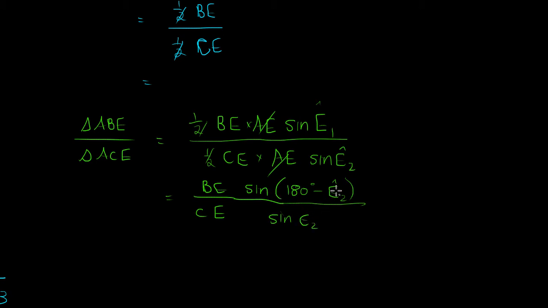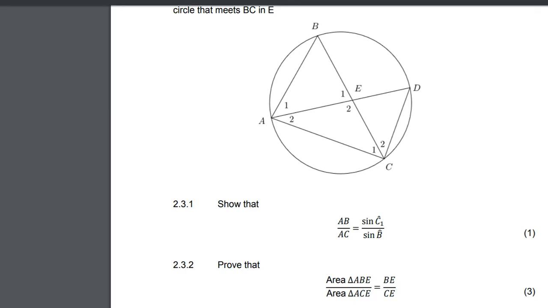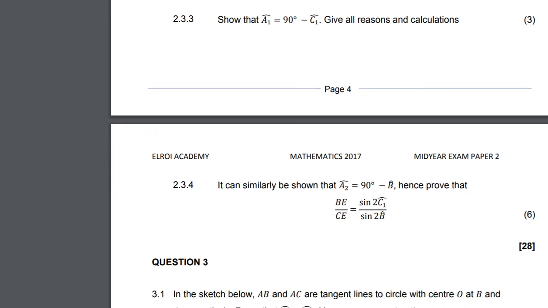And sine of 180 degrees minus an angle is positive in the second quadrant, so this can change to sine of E2 over sine of E2, and that cancels and obviously leaves us with the same answer. Okay, so again, very straightforward, nothing difficult there, just applying formulas.